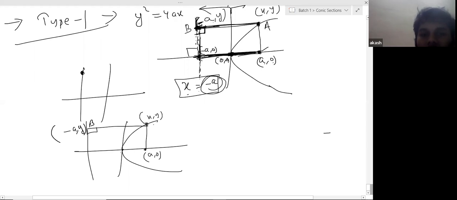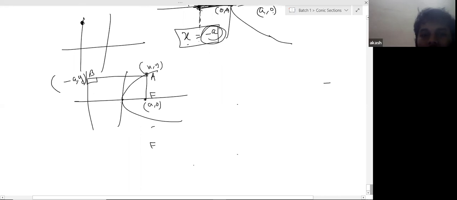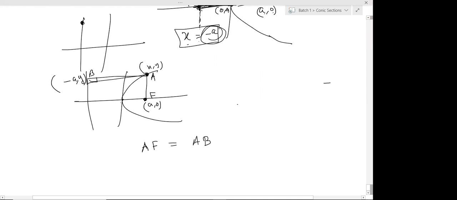This is P, this is A, and this is F. So according to the definition, AF should be equal to AB, right? The distance from this point to the focus should be equal to the distance to the directrix.